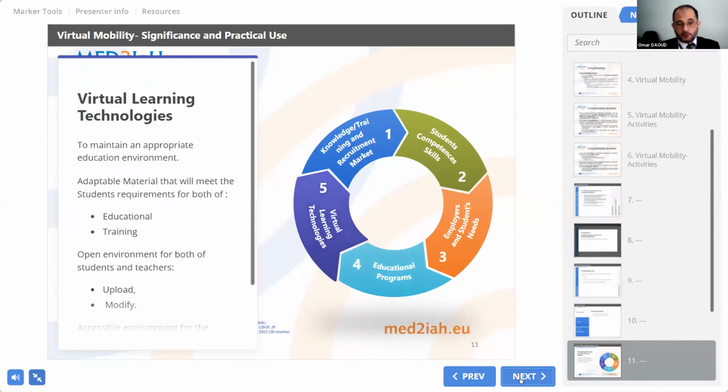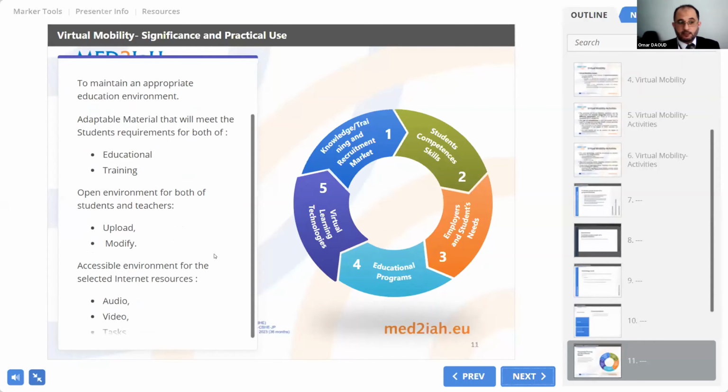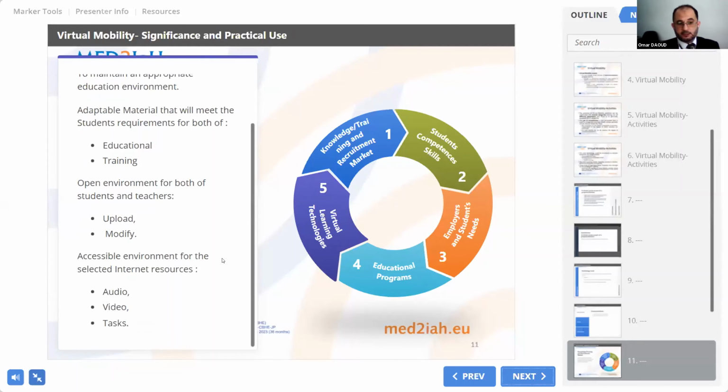Finally, the virtual learning technologies need to maintain an appropriate education environment, with adaptable material that will meet the students' requirements for both education and training, an open environment for both students and teachers, with uploading or modifying options, and accessible environments for the selected internet resources, either audio or video and tasks.